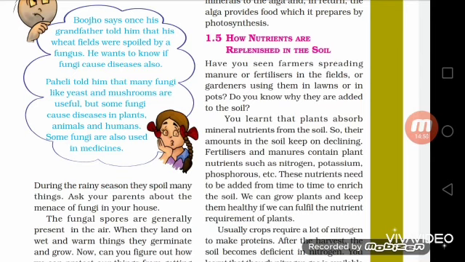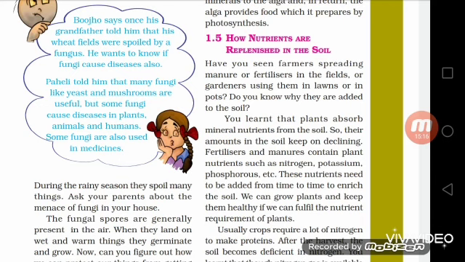So now we will switch on to another and last topic of the chapter, that is how nutrients are replenished in the soil. It means how nutrients will come back to the soil once the nutrients are used by the plants. As you all know, during the growth of plants it requires nutrients, and those nutrients are absorbed from the soil.